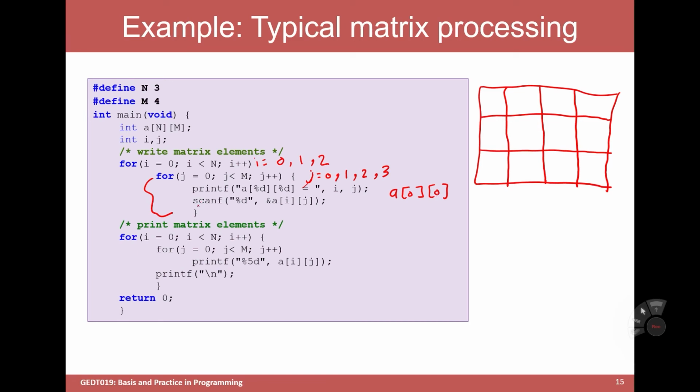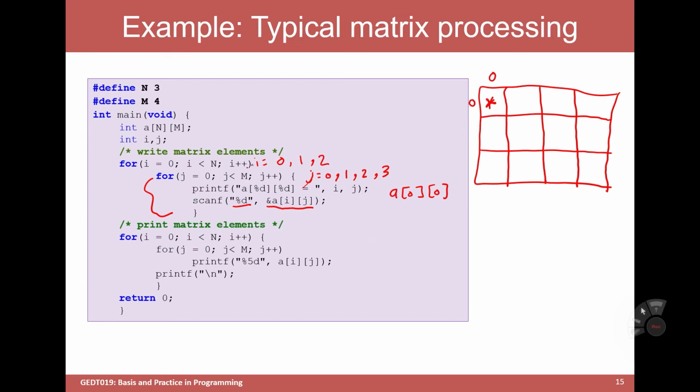After that it will read with scanf one digit, and give it to the address of A00, that means row 0 and column 0. So read some value from the keyboard and give it to 00, to this one.